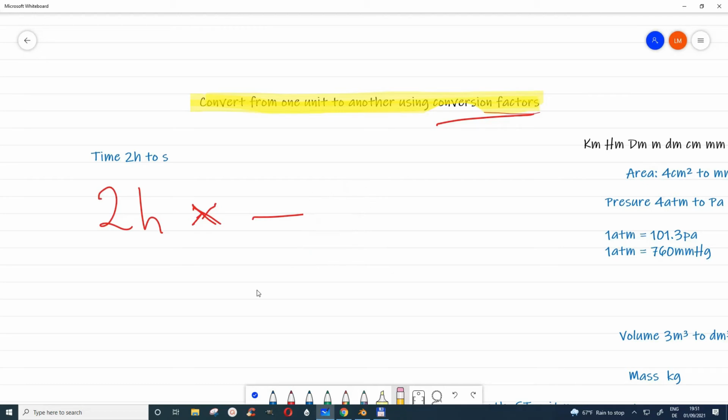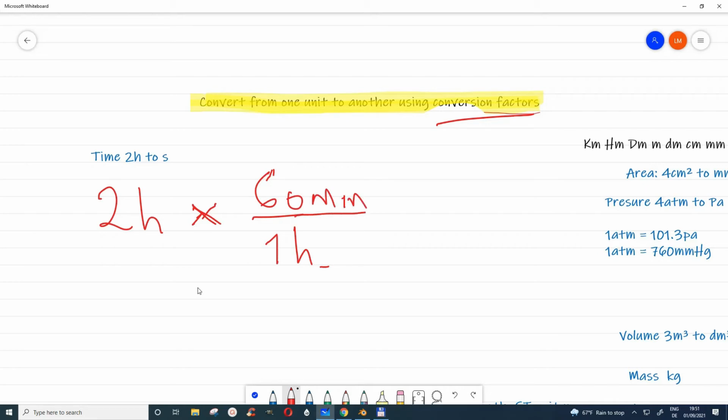I don't have to go all over. Now I know that I need hour here because I would definitely want this hour here to go and take this hour off. But I know that in an hour we have 60 minutes.